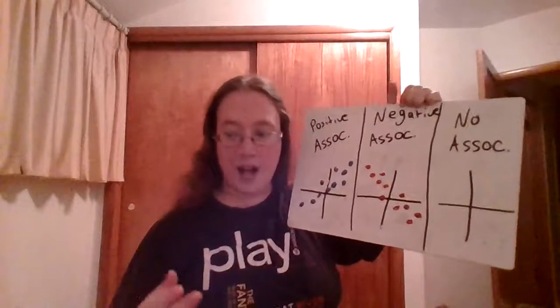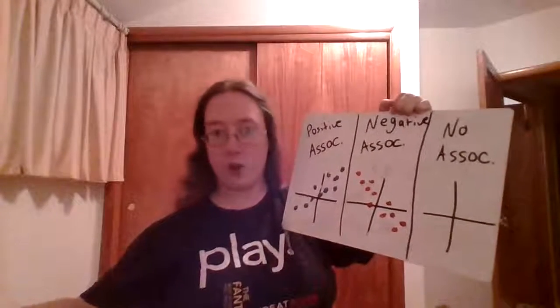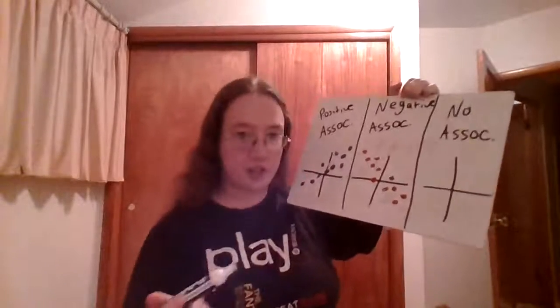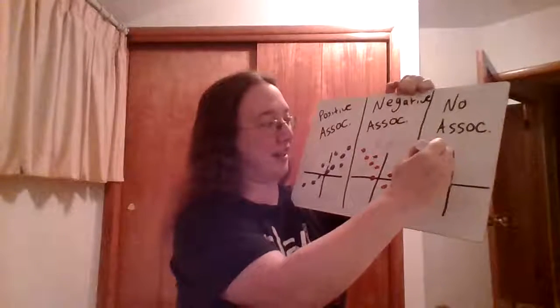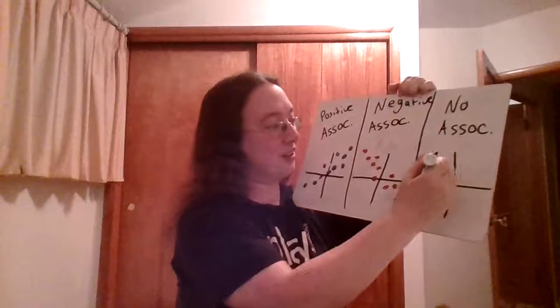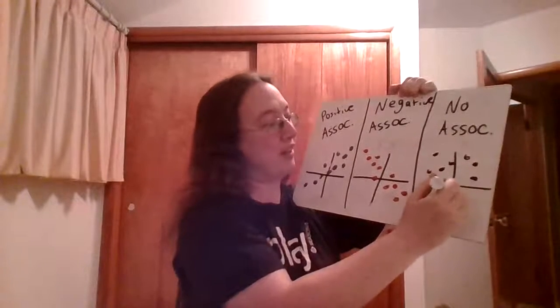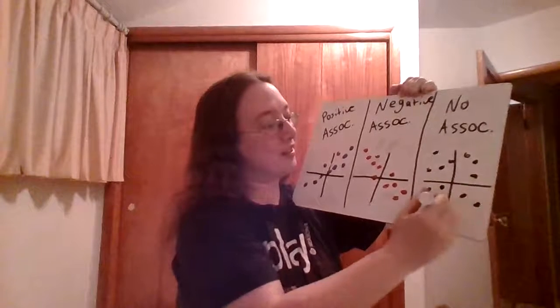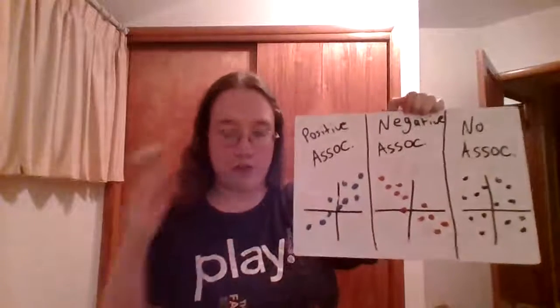And for right now, if it's not one of those two things, we're going to say it's no association. So if it's not going just up, or it's not going just down, if we have something kind of like this, where dots are kind of all over the place, we're just going to say for right now, there's no association.